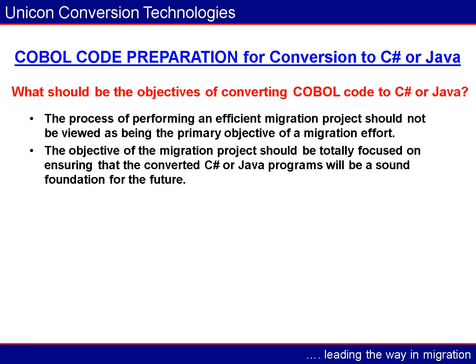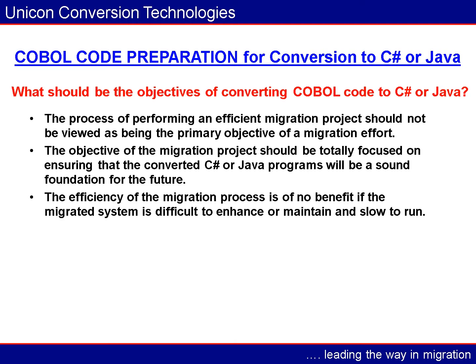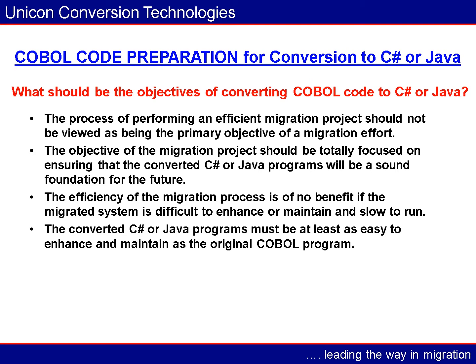The migration process is planned to be a one-off event, but the migrated application will be around for years to come. The efficiency of the migration project is of no benefit if the migrated system is difficult to enhance or maintain and slow to run. The converted C# or Java programs must be at least as easy to enhance and maintain as the original COBOL program.